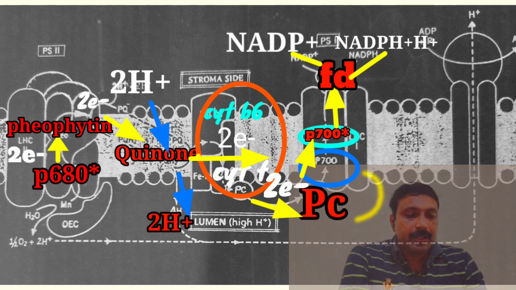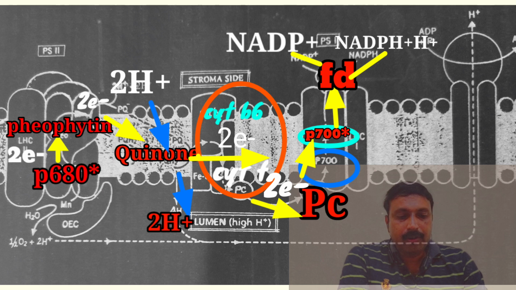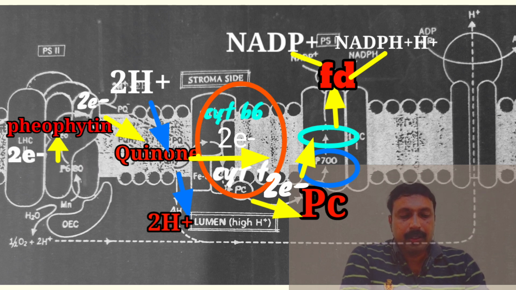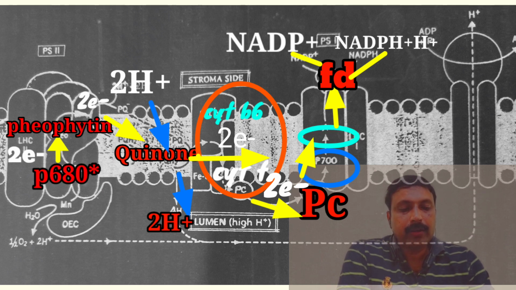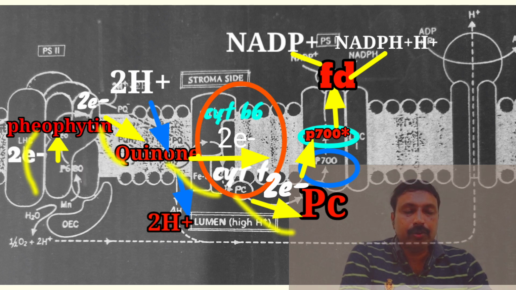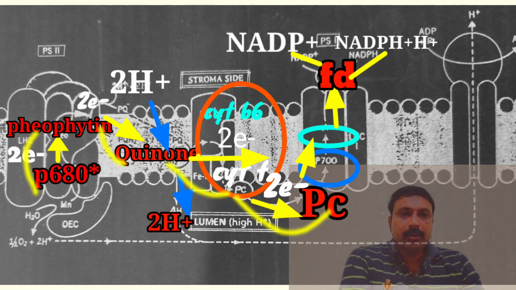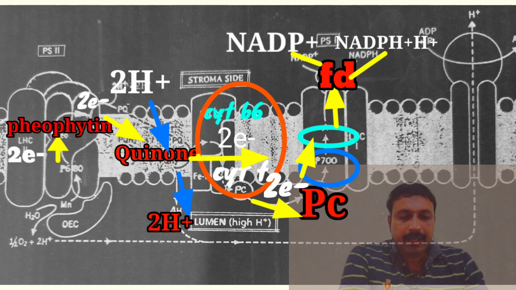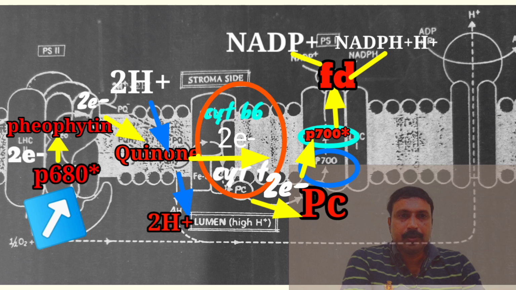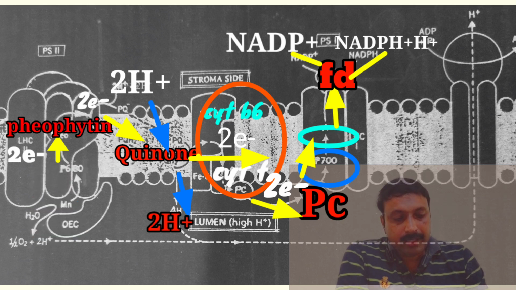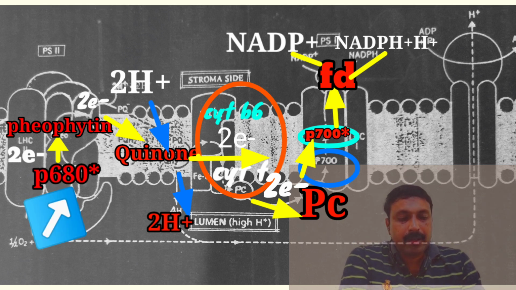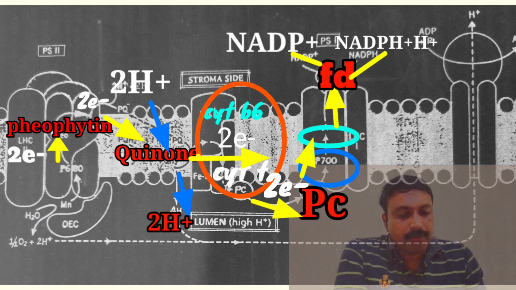Same in photosystem 2, because the electrons are released to pheophytin, to the quinone cycle, to the cytochrome B6F complex, then to plastocyanin. So here electron deficiency is present in photosystem 2. There the electron deficiency is compensated by photolysis of water.